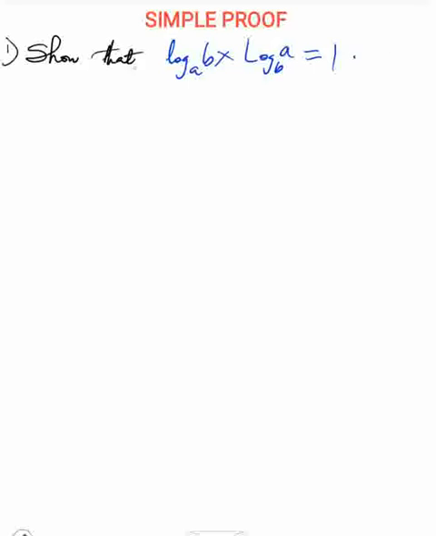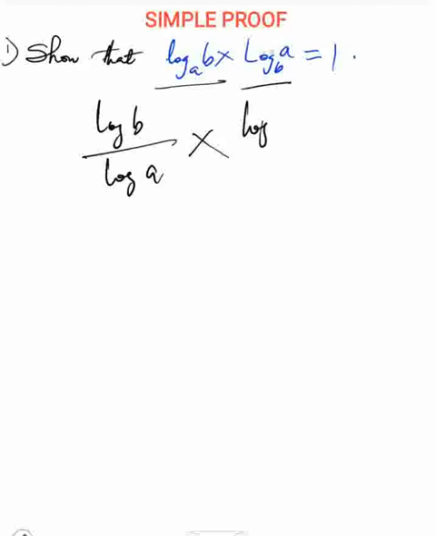All we need to do is change the base here, and we are going to change the base here as well. So we simply have what? Log b over log a multiplied by log a over log b.